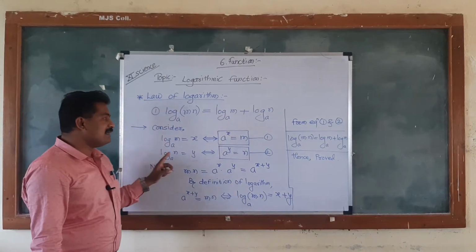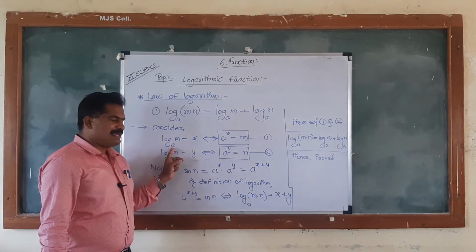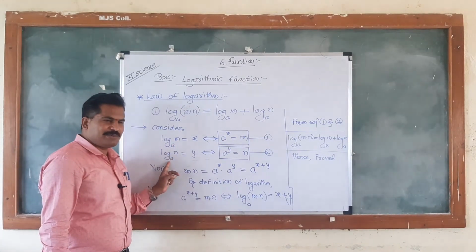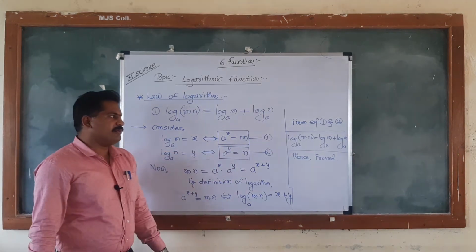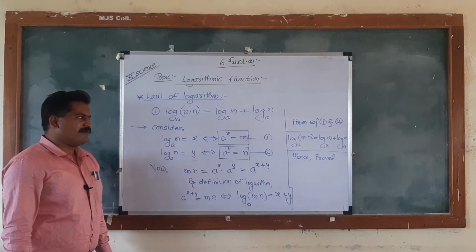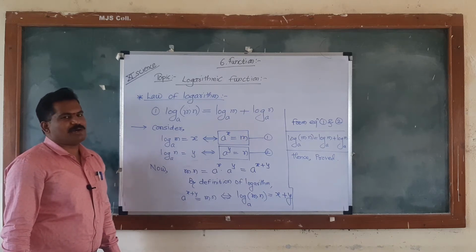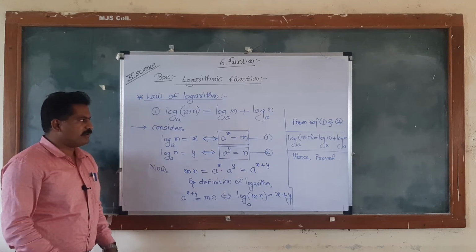We consider x and y as log of m to the base a and log of n to the base a respectively. Therefore, from equations 1 and 2, we have log of m into n to the base a is equal to log of m to the base a plus log of n to the base a. It is verified.